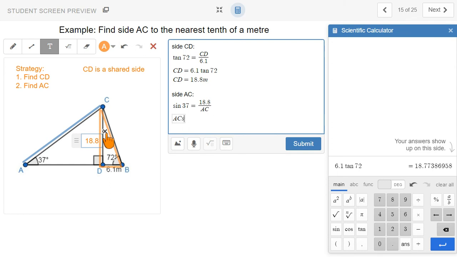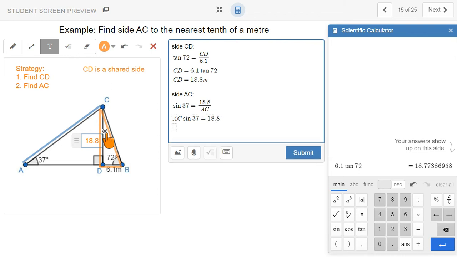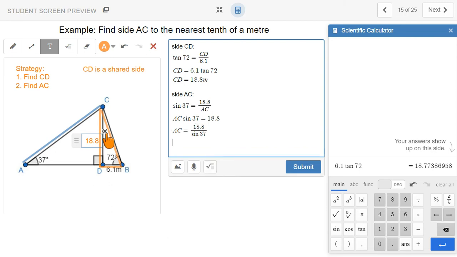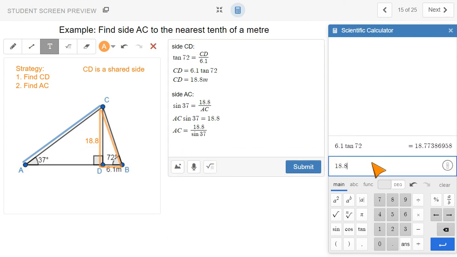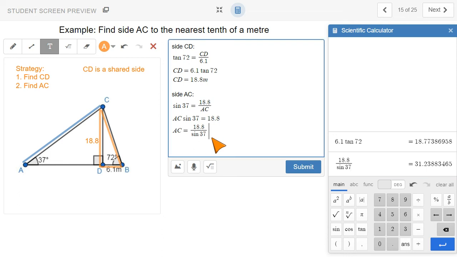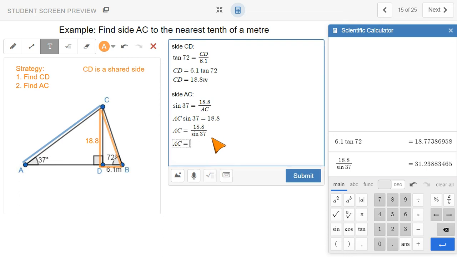Let's cross multiply. And the rest is calculator work. 18.8 divided by sine 37. AC is equal to 31.2 meters.